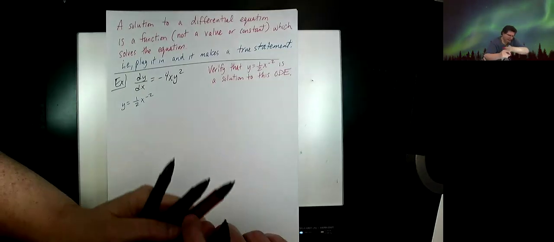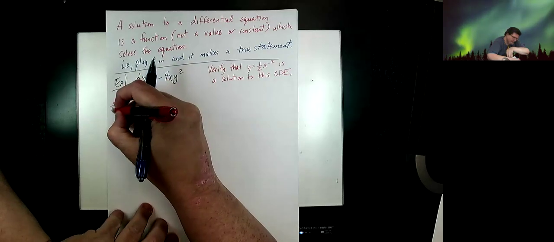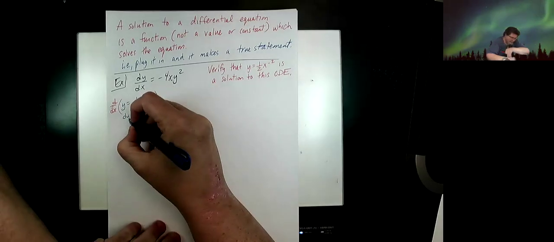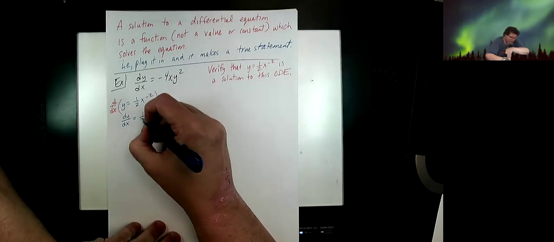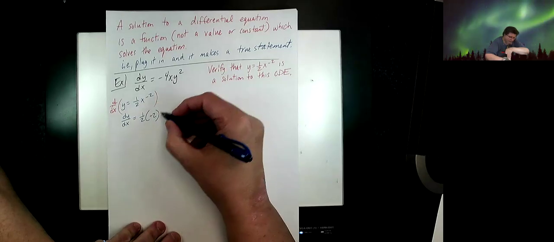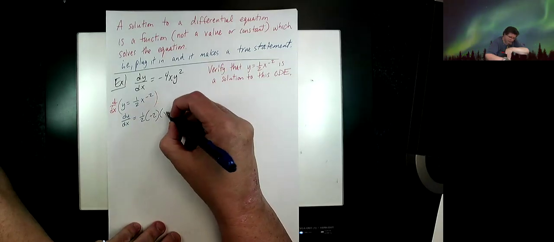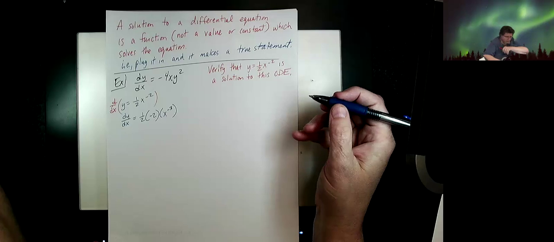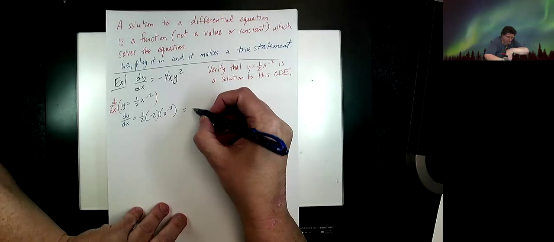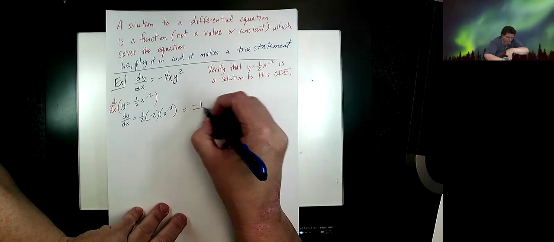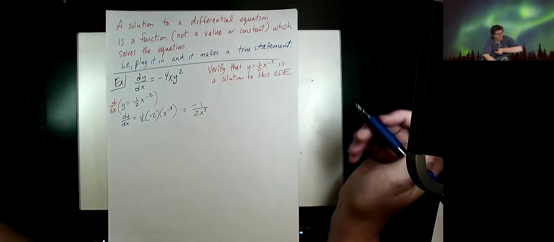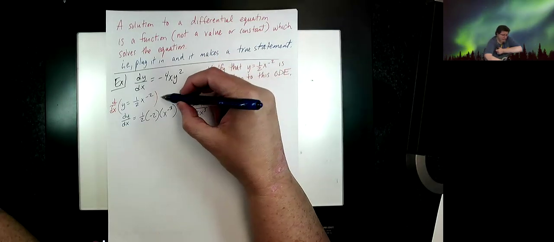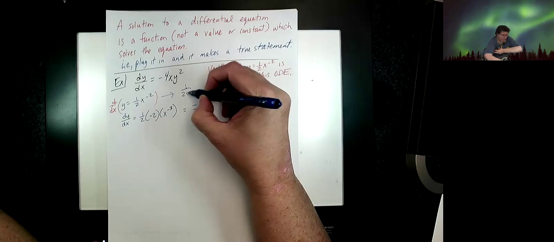If I hit this with a d/dx, I get dy/dx equals 1/2 times negative 2 times x to the negative 3, which is negative 1 over 2x cubed. And this one rewritten is 1 over 2x squared.